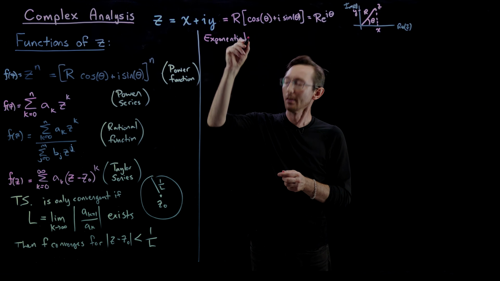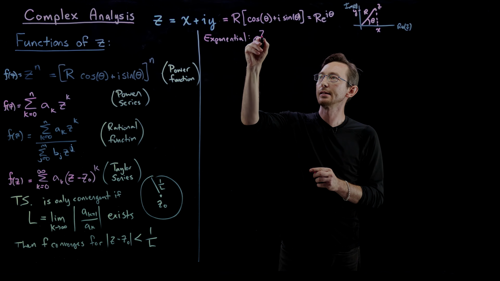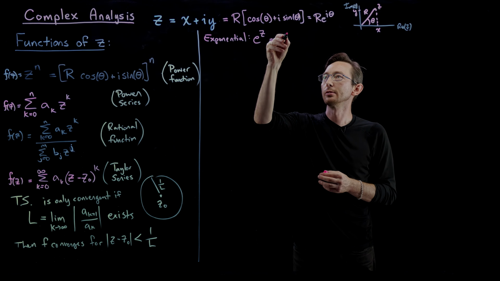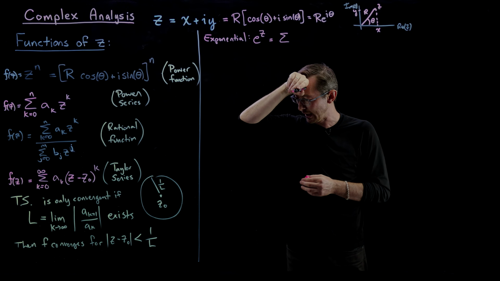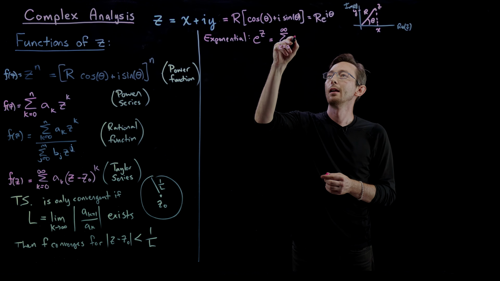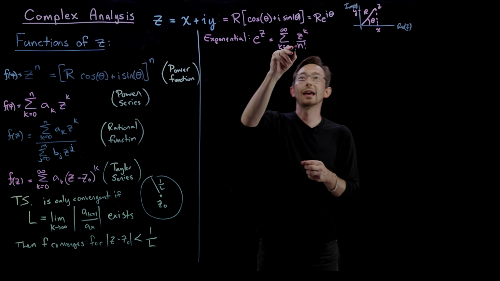Exponential. The exponential function is e to the z equals, as I wrote down in the last lecture, the sum from k equals 0 to infinity of z to the power k divided by k factorial.